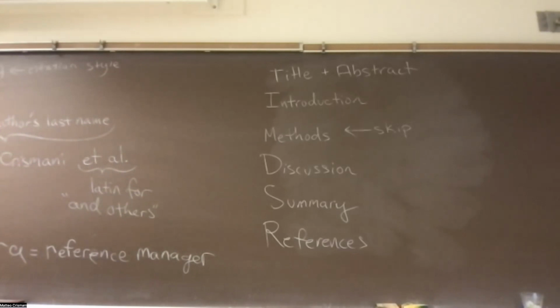This is a free reference manager, and we can talk about how to use it once you've installed it today. Essentially, you go back to the original place where you found your articles. Before you click download article, there's a little Zotero button. You click it, and it downloads the article's metadata, including all the authors, the title, and the year.